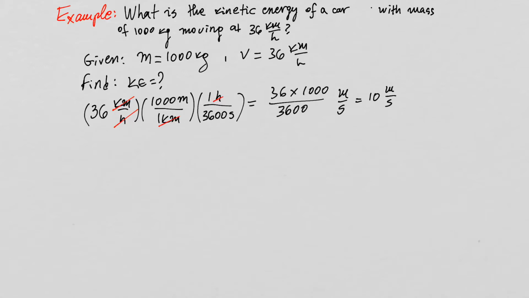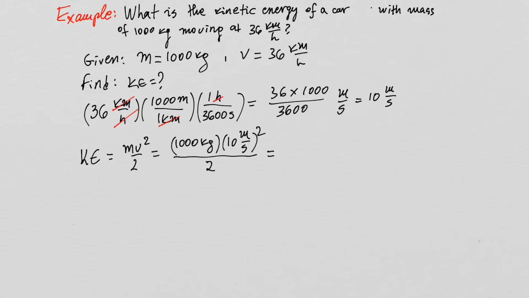Now we can calculate the kinetic energy. The kinetic energy is equal to mass times velocity squared divided by 2. This is equal to 1,000 kilograms times 10 meters per second to the second power divided by 2.